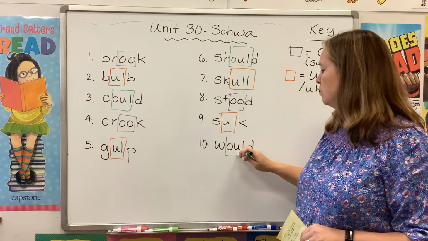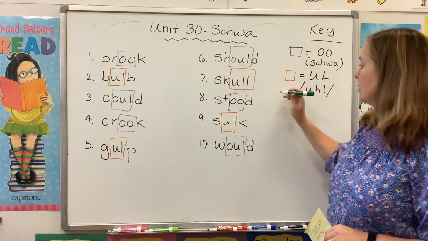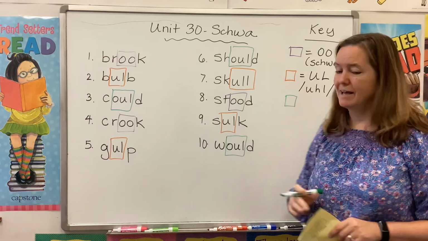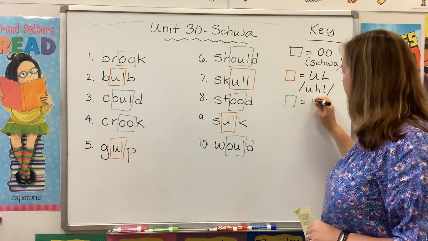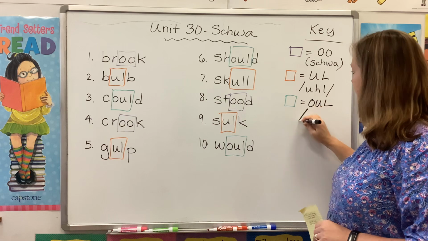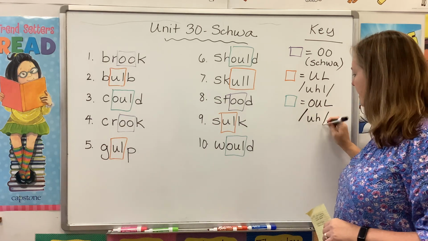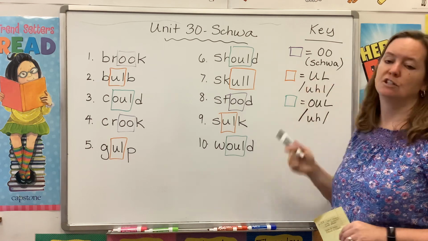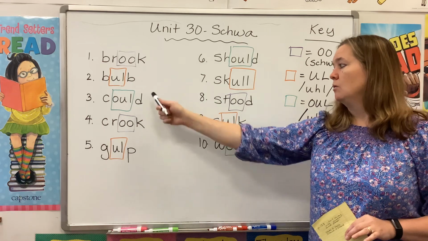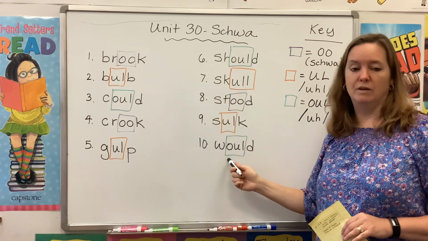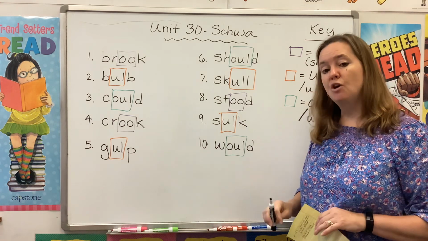Same thing with would, w-d, 3 sounds. Okay, so when we have O-U-L together, instead of making an "ul" sound, it's just going to say the schwa, okay? So keep that in mind. Could, should, would.